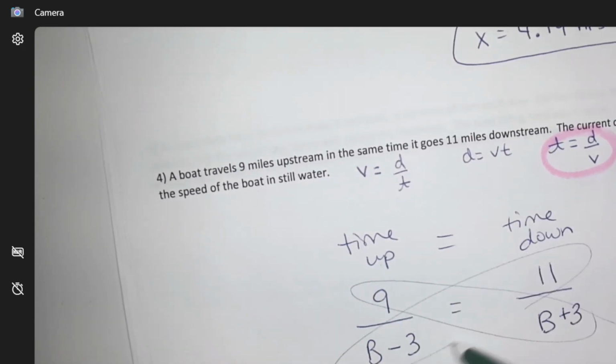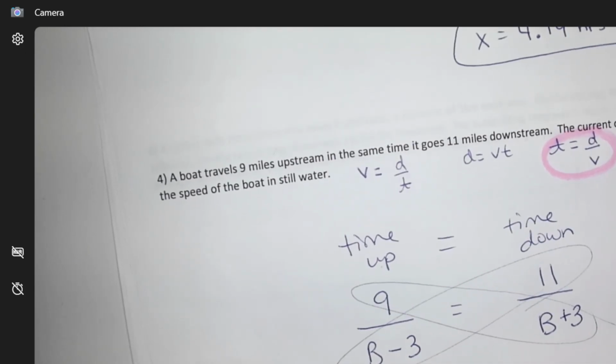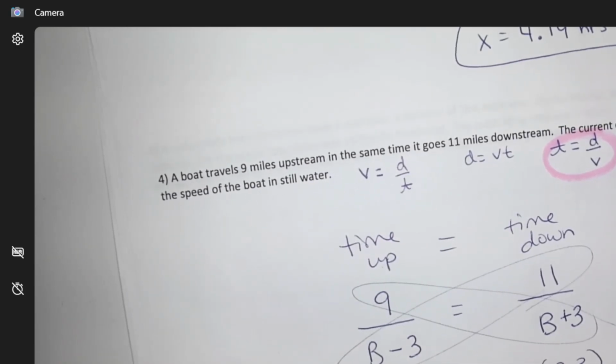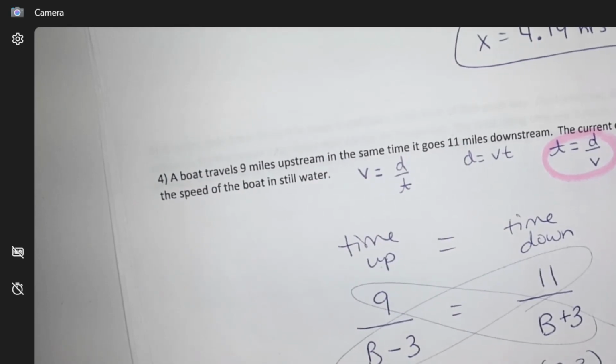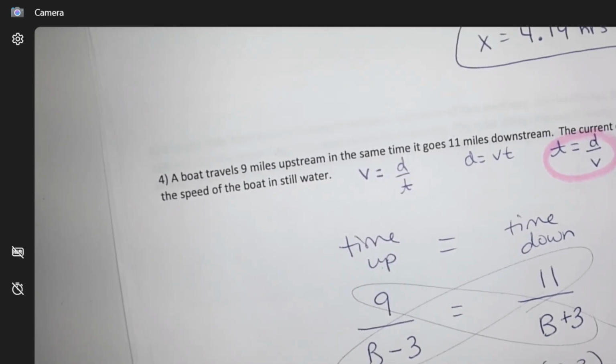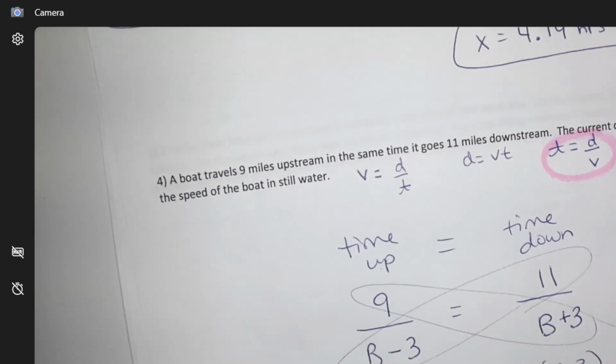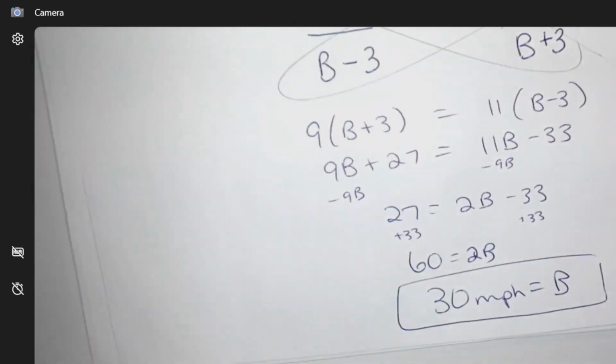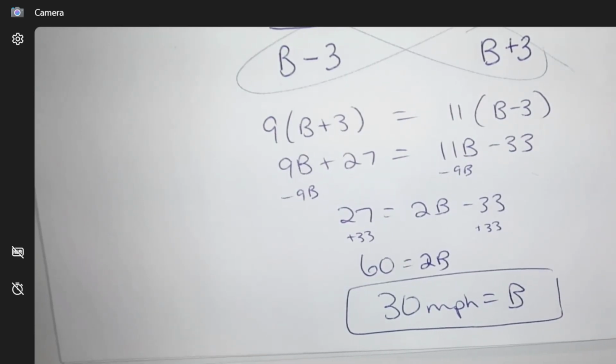Are you picking to cross multiply strategy? Okay, cross multiplying, isolation, group your B's together, move your numbers, divide.